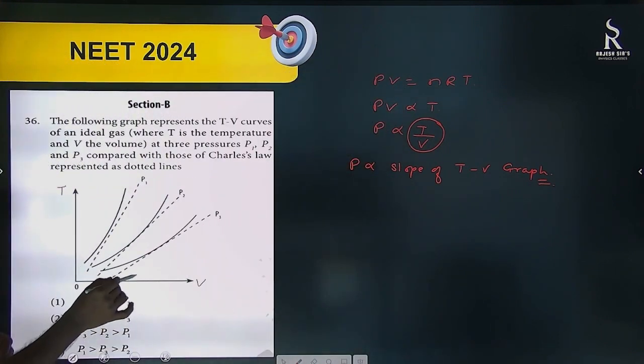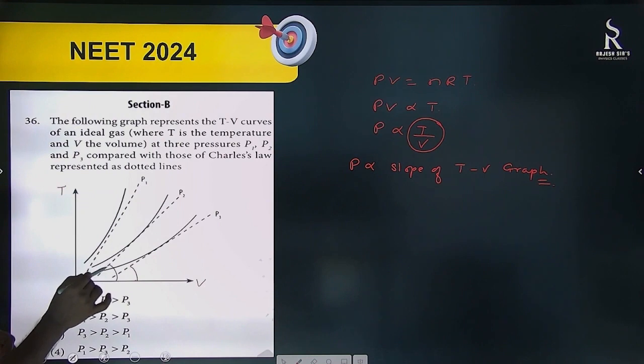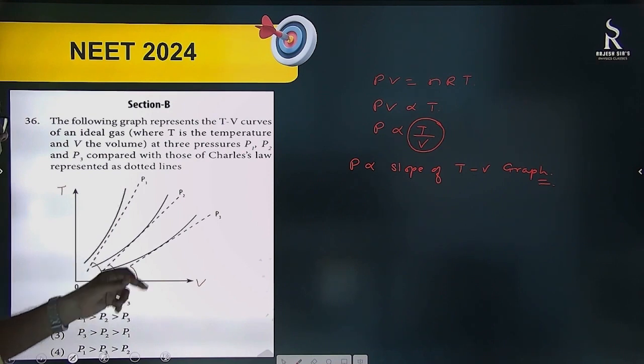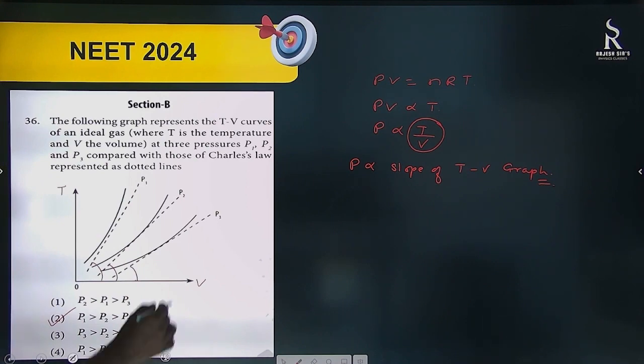This is one, this is the other one, and this is the third one. Looks like the slope of P1 is more. So P1 is greater than P2, which is greater than P3. This is a TV graph, it's given. So the answer is P1 greater than P2 greater than P3.